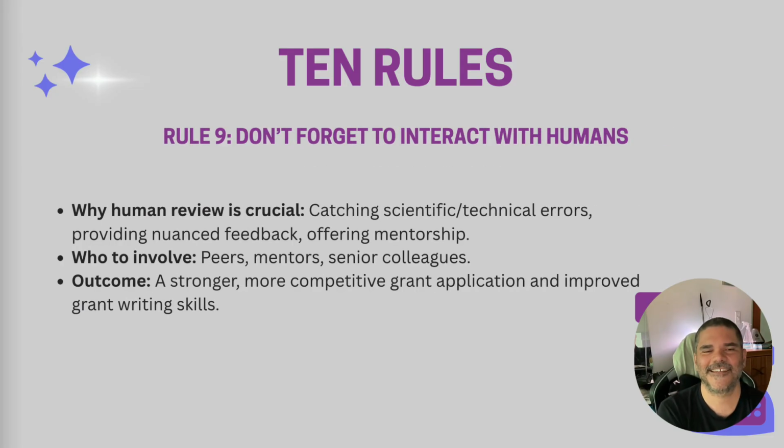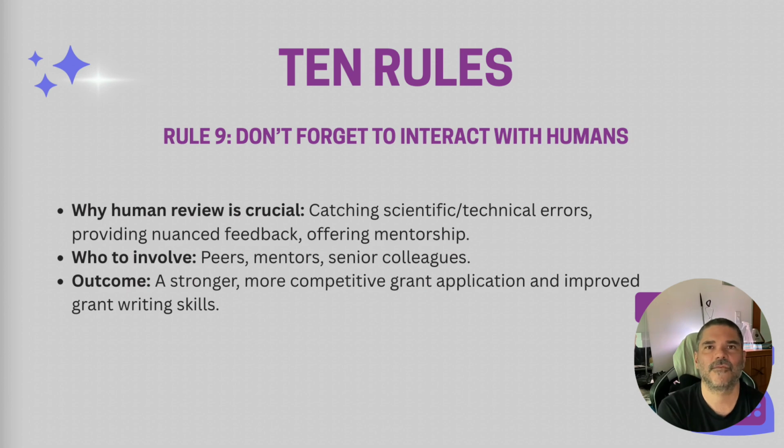Rule number 9, don't forget to interact with humans. So make sure that you are sending your work for human review to catch certain scientific or technical errors, to give you human feedback, and to give some mentorship or coaching.